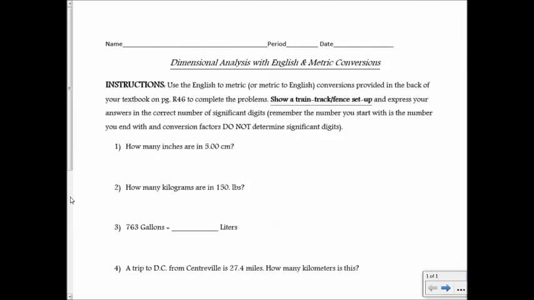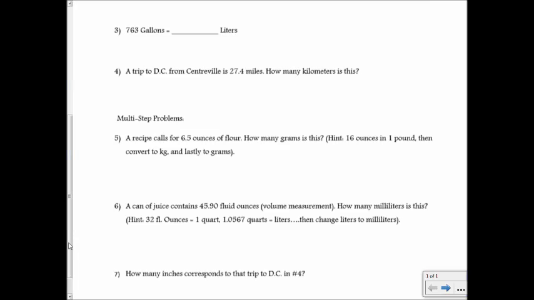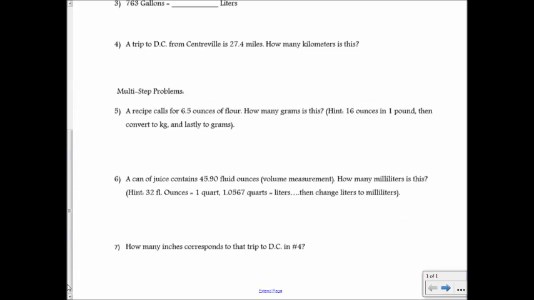So let's take a look down here on these multi-step ones. 1 through 4, basic 1-steppers, straight out of the textbook.